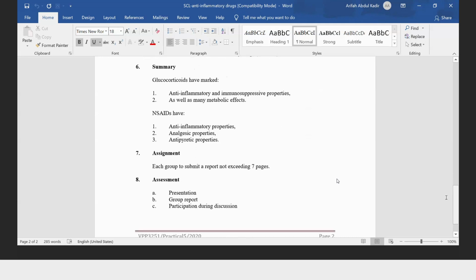So the exercise or the assignment that's required: I have group 1 and group 2, so it's easier to work with groups. Please divide among yourselves. I want 8 in a group. Don't mix up group 1 and group 2.